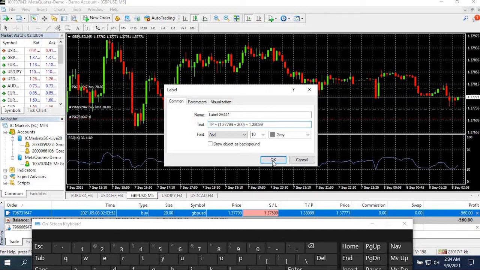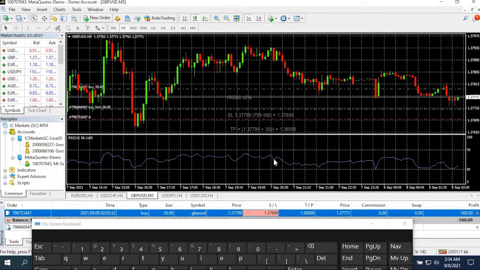So that is the take profit, right? So that is how you set your stop loss and your take profit for a buy trade, right?